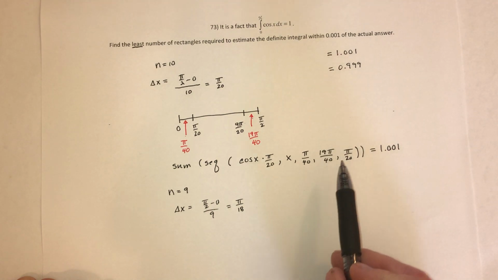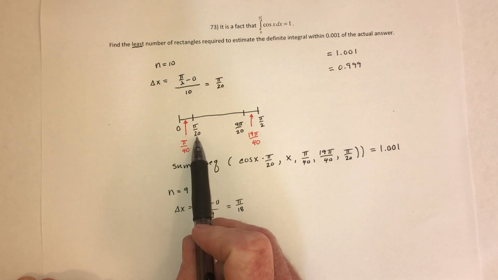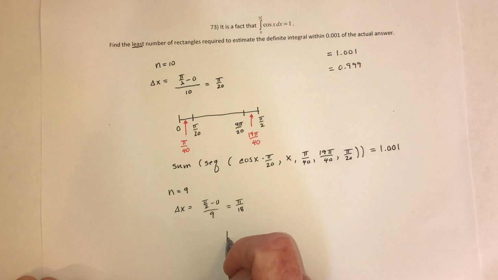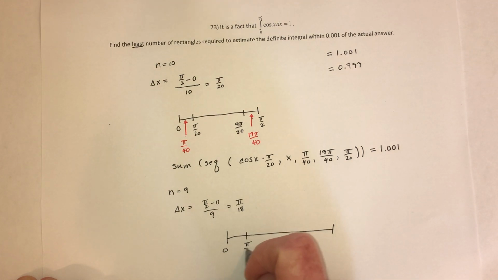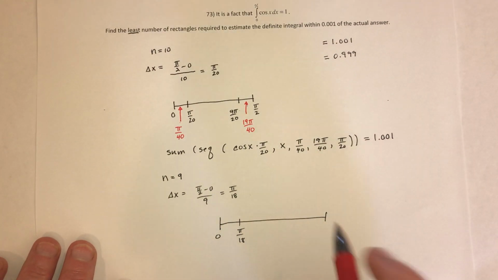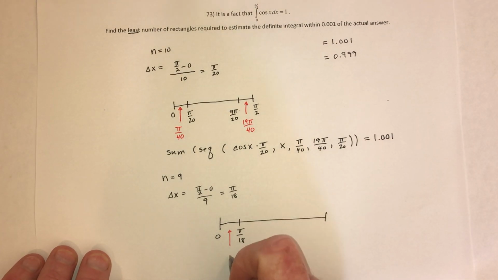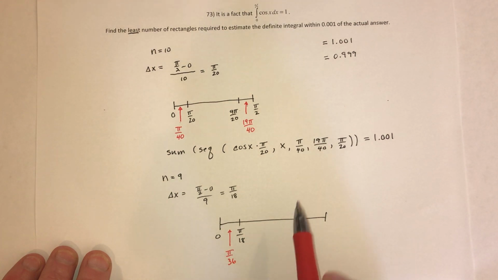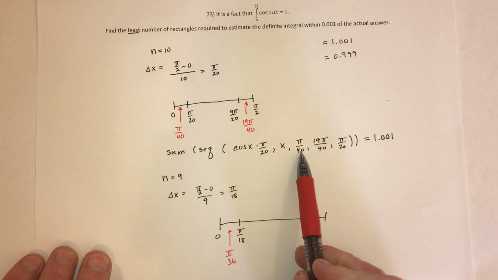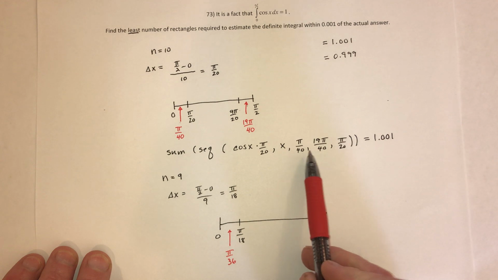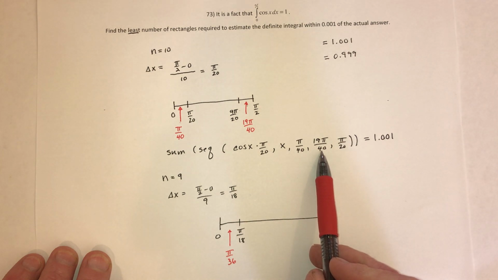Same there. And then when you do this idea, and this is pi over 18, well then in the middle, if you cut that in half, that's pi over 36. So this is going to be a 36 on the bottom, and this is going to be a 36.